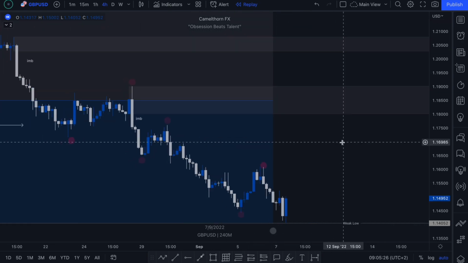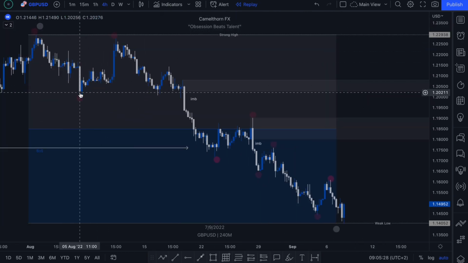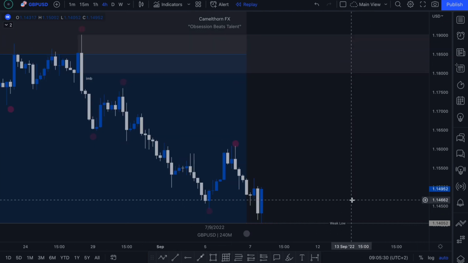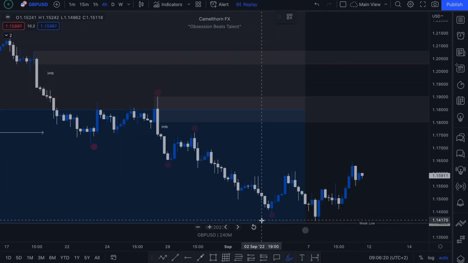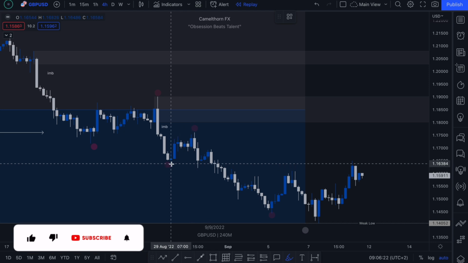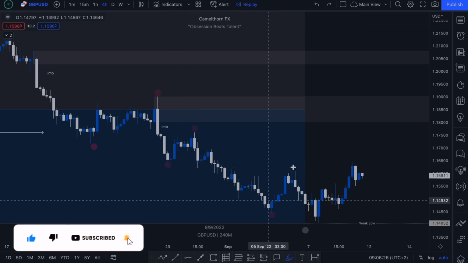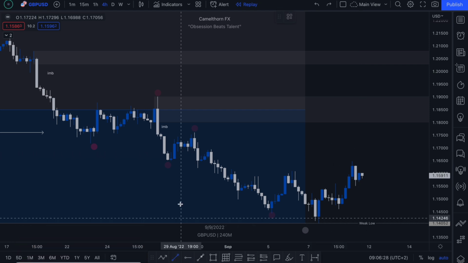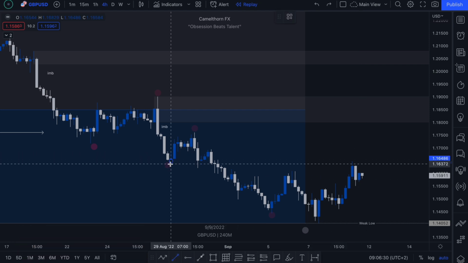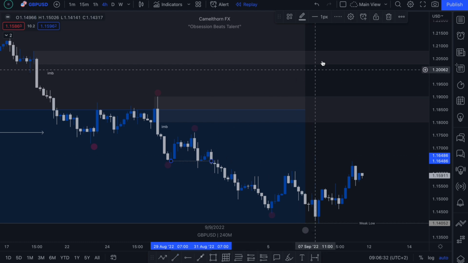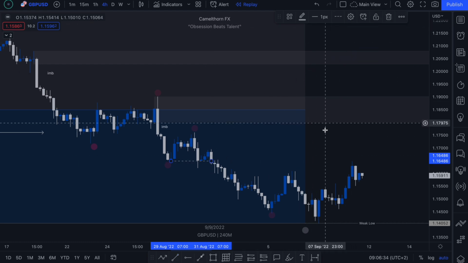But essentially what we have is the 4-hour pointing bearish as well, and then our last significant break of structure would essentially have occurred in here. So I will mark this out as my last significant break of structure to the downside.